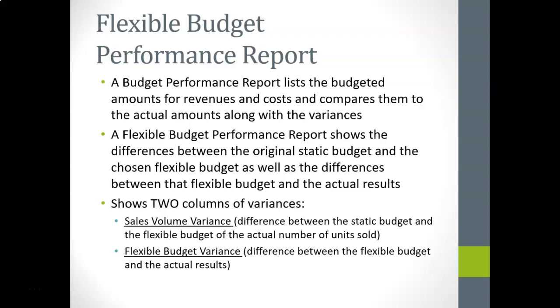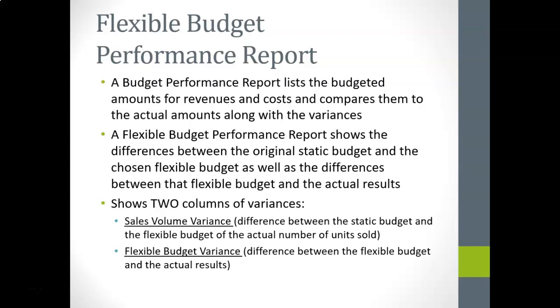And we're going to compare the static to the flexible budget, and we call that difference a sales volume variance, because that variance exists because we sold more units, in this case, than what we thought we would sell.